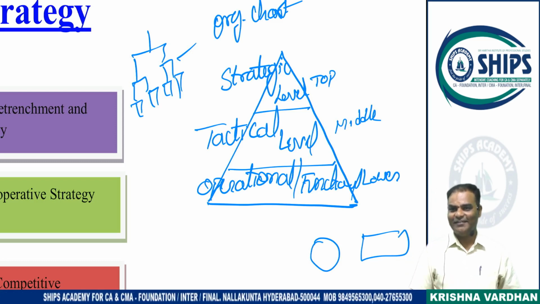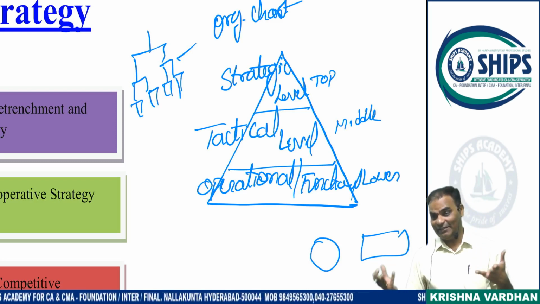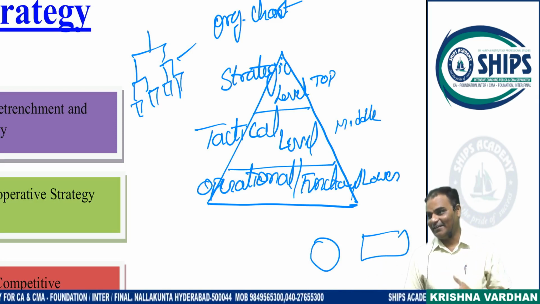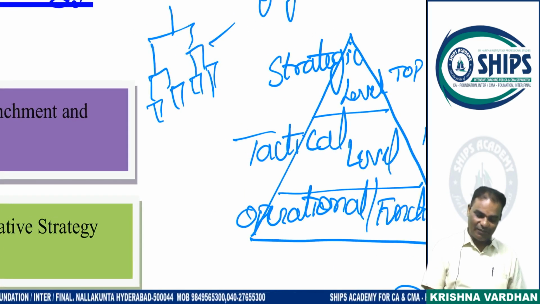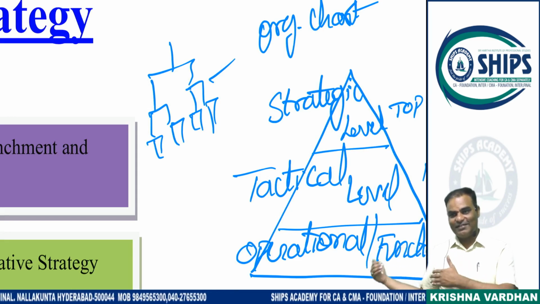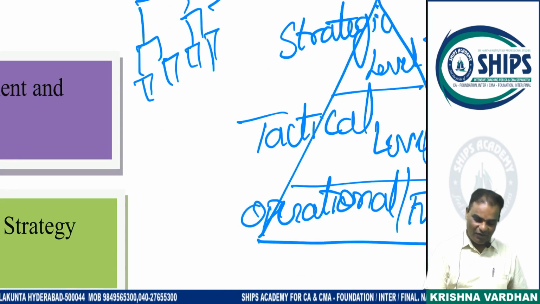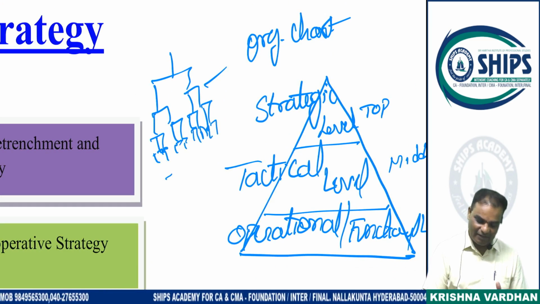It is the number of individuals who are working in the organization at various levels or various hierarchical aspects. For example, at the top, you may have a president, then vice president, managers, assistant managers, team leads. If you draw it, it will be like an inverted tree. Why inverted tree? Because the branches are downward.